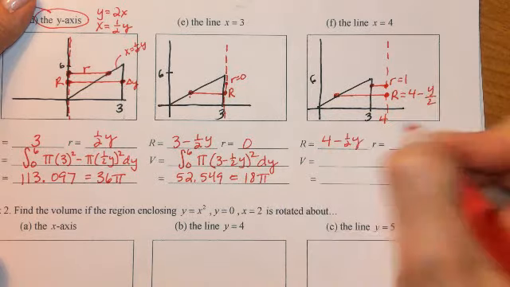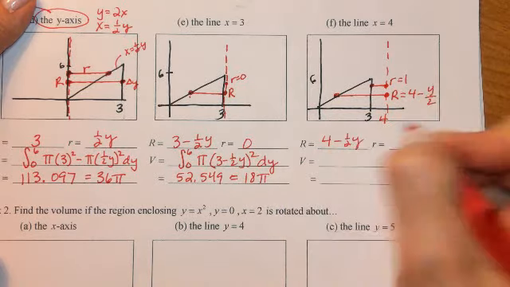So big R will be 2 minus square root of y. 2 minus the curve, right? Always go right minus left or top minus bottom, always. So the volume will be the integral from 0 to 4 again, pi big R squared minus pi little r squared dy. This turns out to be 8.378, which is 8 pi over 3.